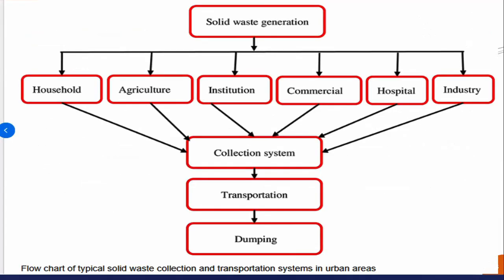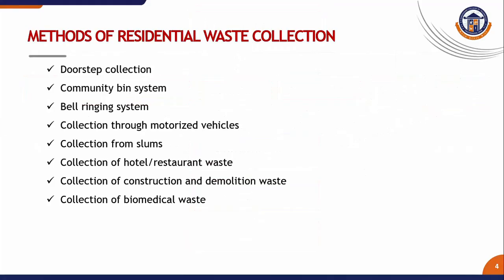Solid waste generation is mainly considered as household waste, agricultural waste, institution waste, commercial waste, hospital waste and industry waste. It is taken into the collection system, then transportation, and finally it goes for dumping. This flow chart shows typical waste collection and transportation followed in urban areas.